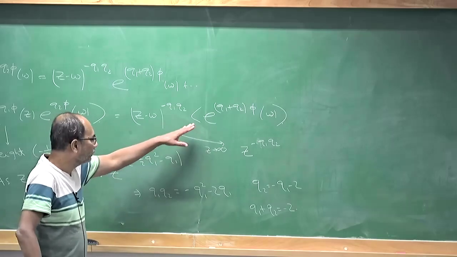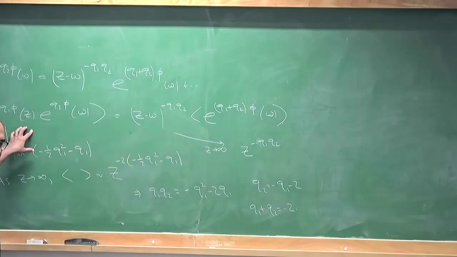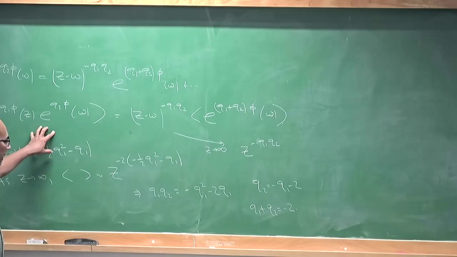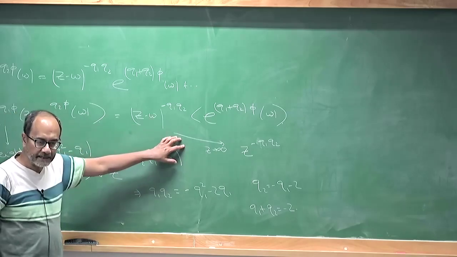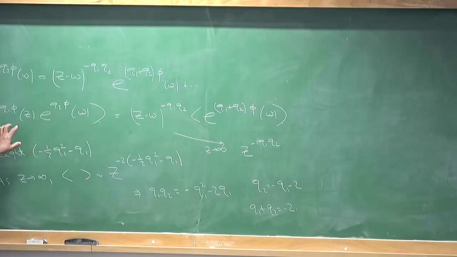And now I am trying to check that as z goes to infinity, the behavior on this side agrees with the behavior on that side, because you know how it behaves as z goes to infinity, because this is the primary of dimension this, right? So as z goes to infinity, it should go as z to the power minus twice this.